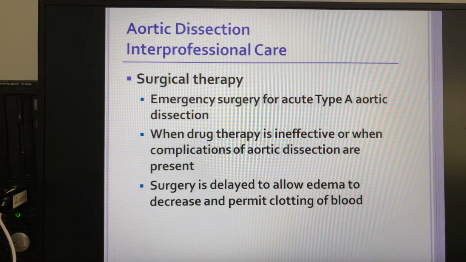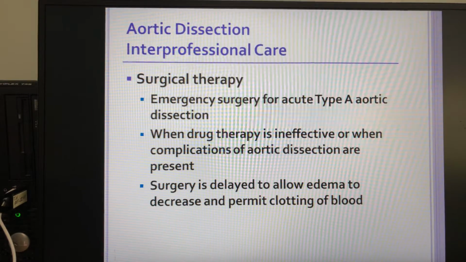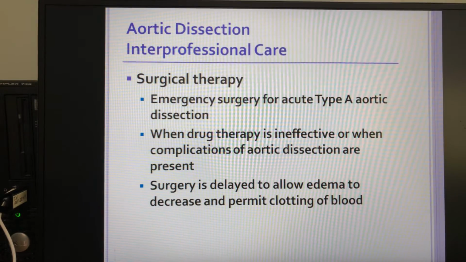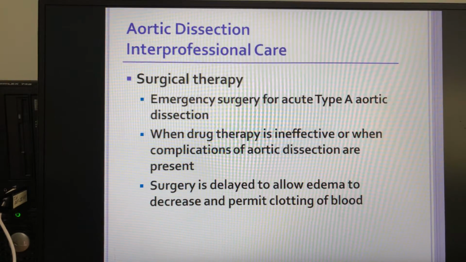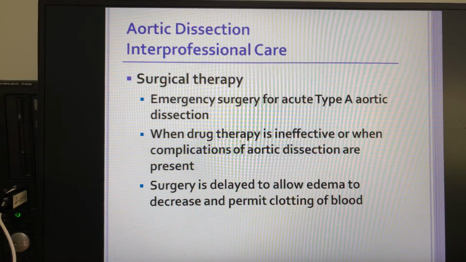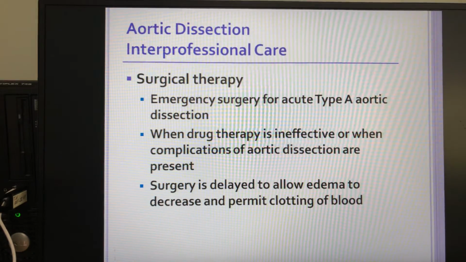We have that thoracic endovascular aortic repair, which is the TEVAR. It's standard to treat acute and chronic type B aortic dissections with complications. The TEVAR is similar to the EVAR. A temporary lumbar drain may be inserted for cerebral spinal fluid removal to reduce spinal cord edema and prevent paralysis.